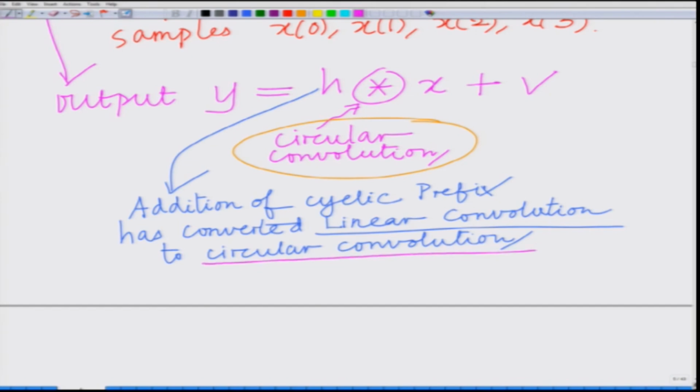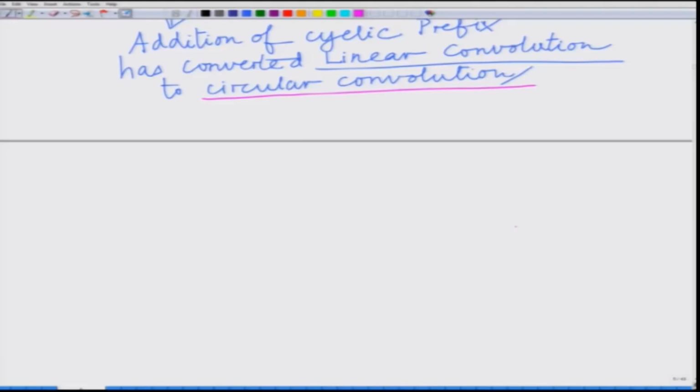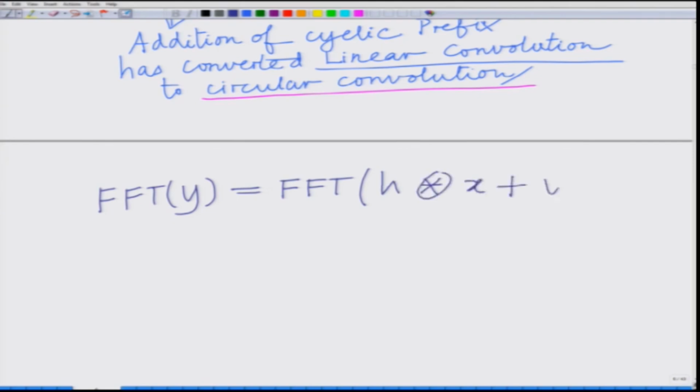And therefore, now we know from the properties of circular convolution that the FFT of a circular convolution of H and X is simply the product of the FFTs of H and X. So, because we have circular convolution, the FFT of Y is equal to the FFT of H circularly convolved with X plus V, which is the noise.